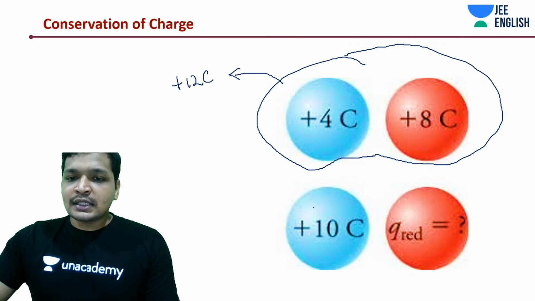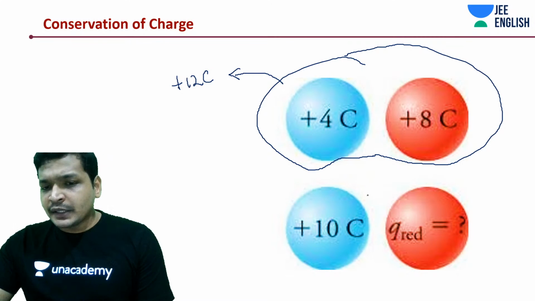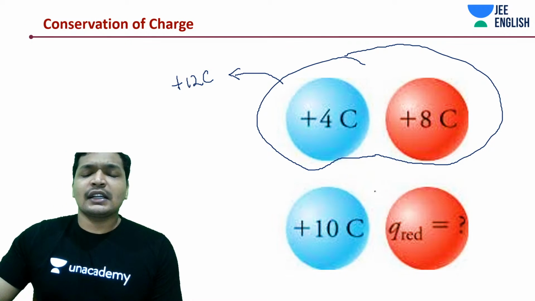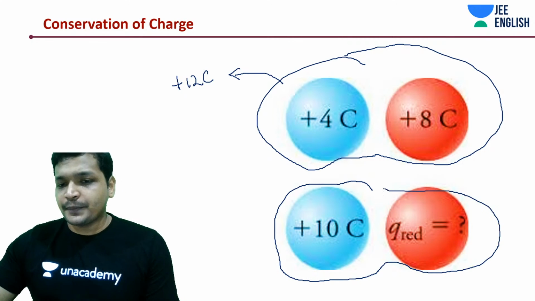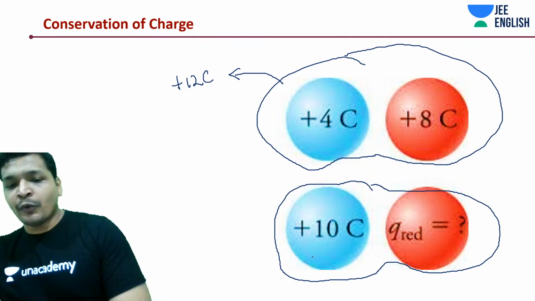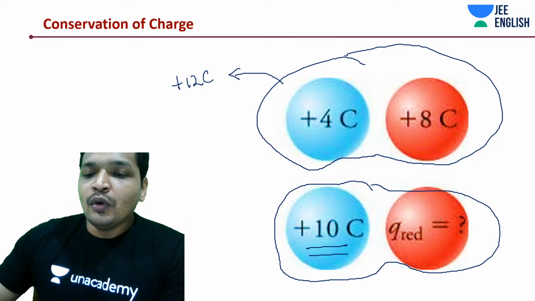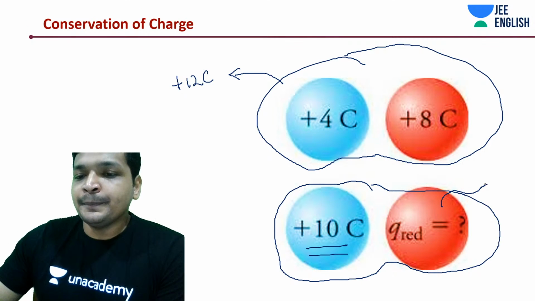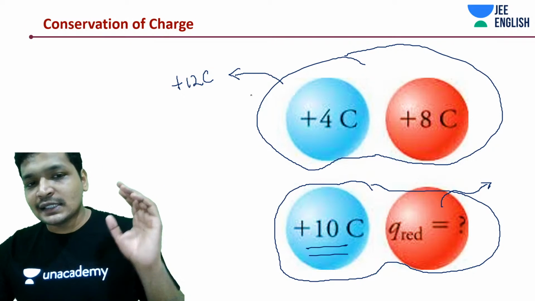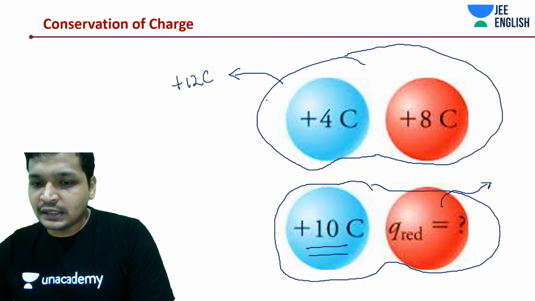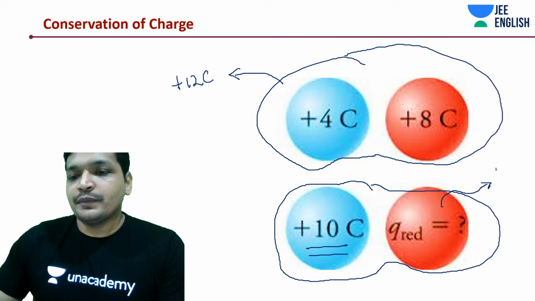Now let's say you have brought them in contact, or something happened between these two, they collided, and the green ball has become plus 10 coulombs. Now what would be the charge on the red ball? Think about it. 12 coulombs is the total amount of charge present in the system, so the red one should have a charge of 2 coulombs.